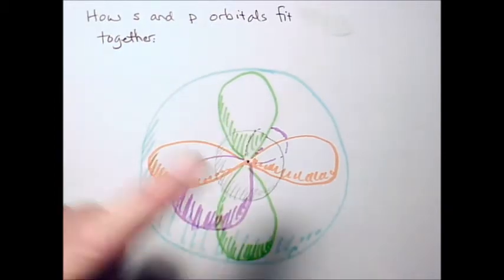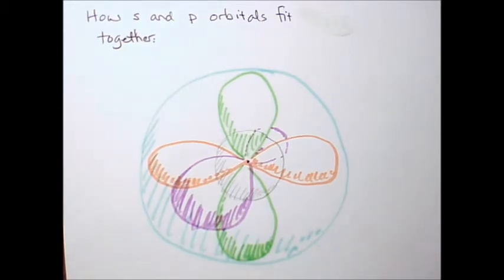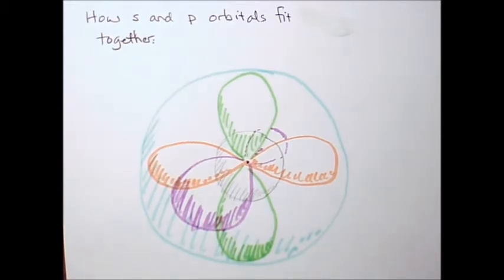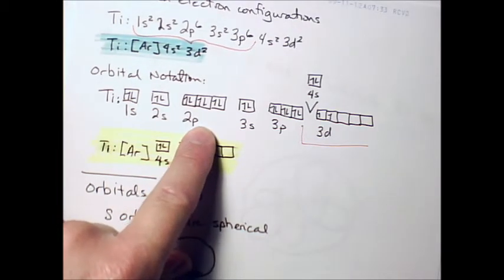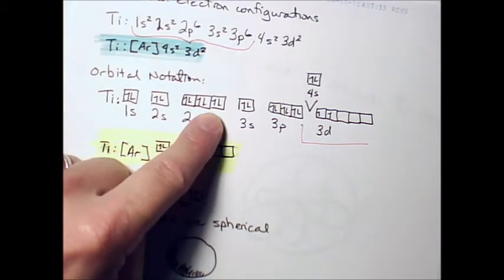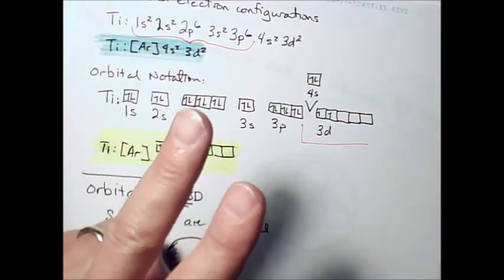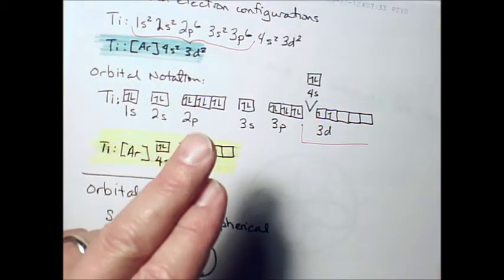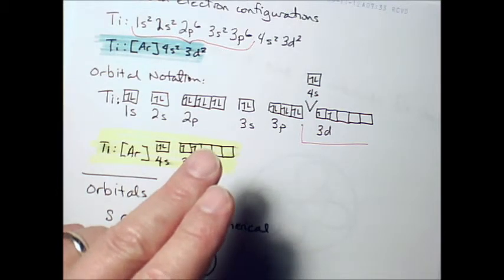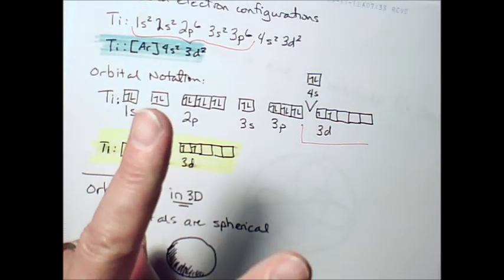And the only way we can get two electrons in the same orbital is with opposite spins. We've talked about that, right? Did we talk about opposite spins yesterday? No? Did we do orbital notation yesterday? Okay. So these up and down arrows, they represent the opposite spins of electrons. Two electrons have the same charge. Particles with the same charge don't generally like to be together. They tend to fly apart.